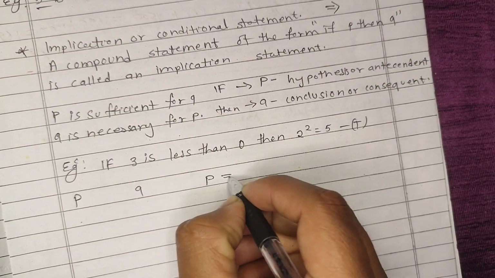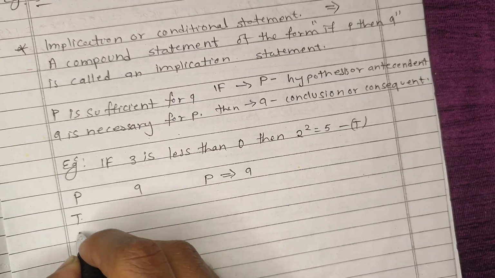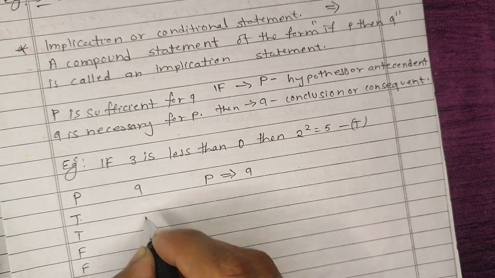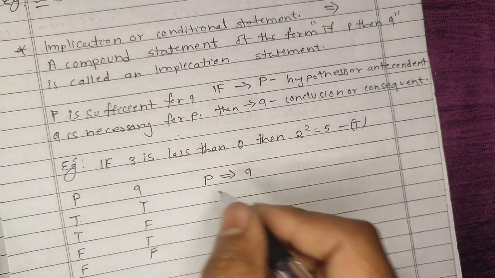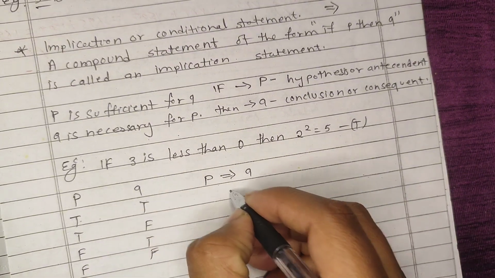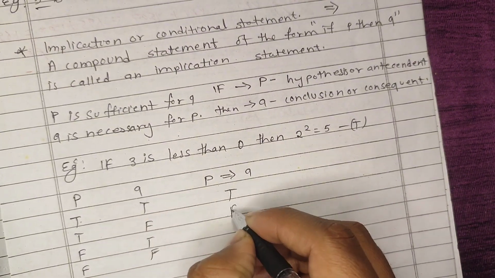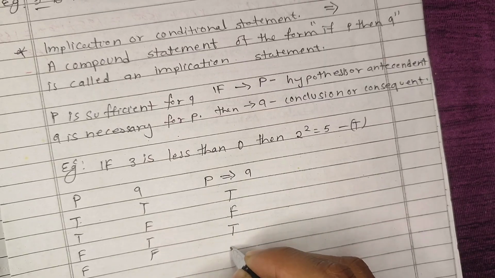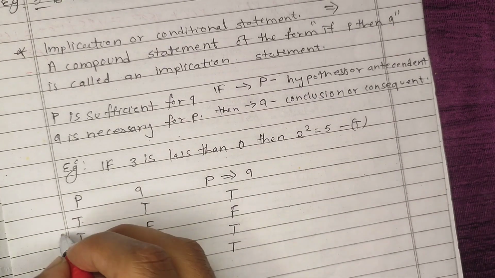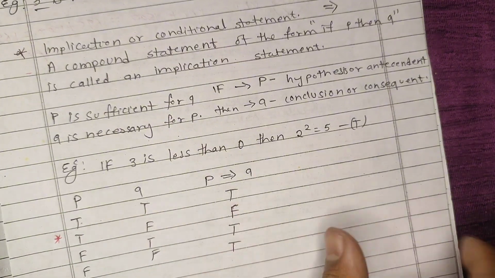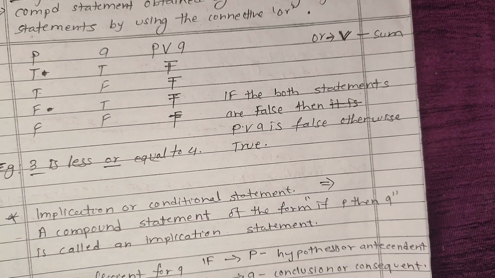For P, Q: true true, true false, false true, false false, the truth table will be true, false, true, true. This is our exception case, guys. Focus on this. This is our truth table for the implication of the statement.